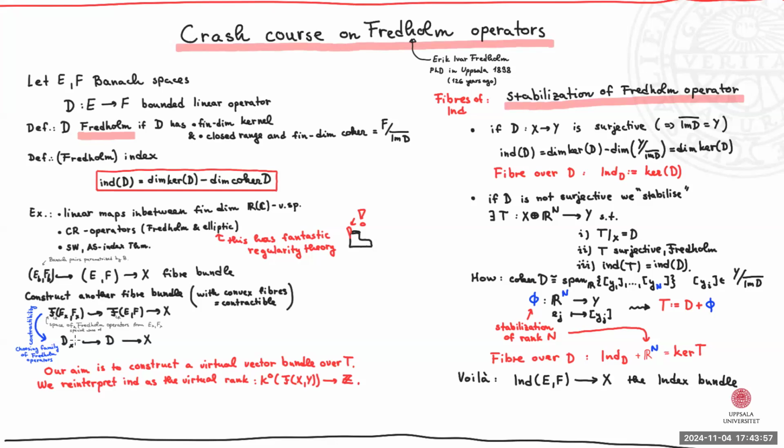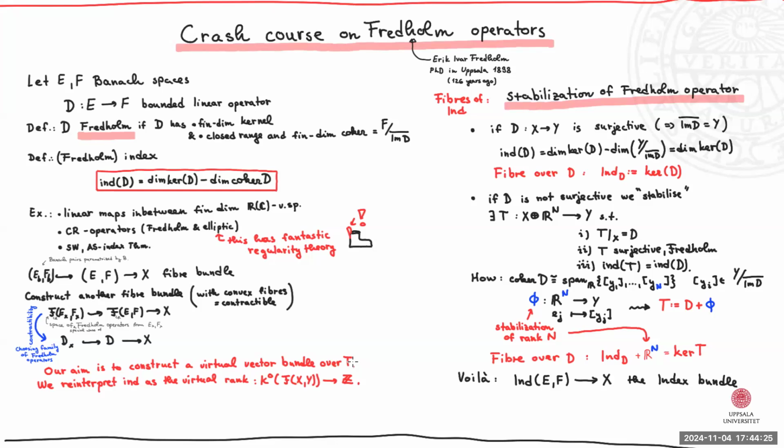Up to some nice choices, constructing such a fiber bundle corresponds to choosing a family of these Fredholm operators parameterized over your base.